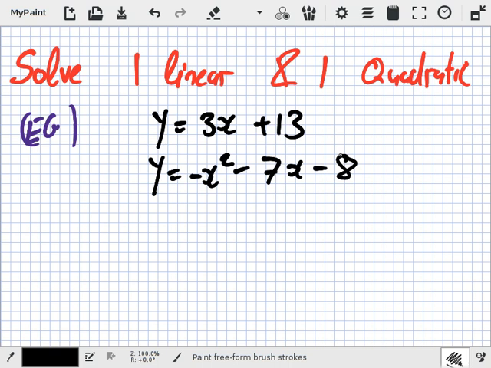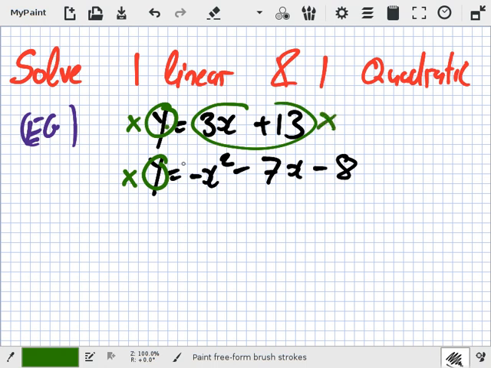It's just a substitution. Yeah, because if you look carefully, this is equal to y, and we have a y here. So we can replace this y with this y, because after all they're the same. So it's really just a case of putting that in here for y.